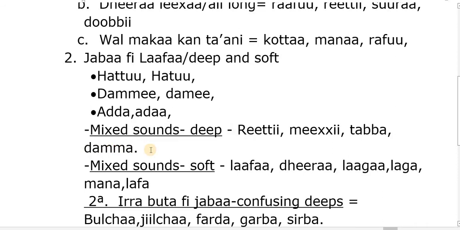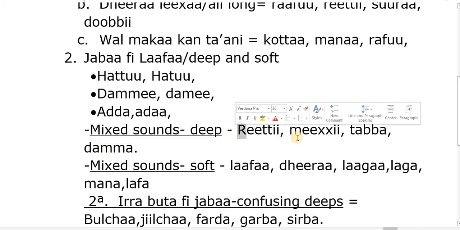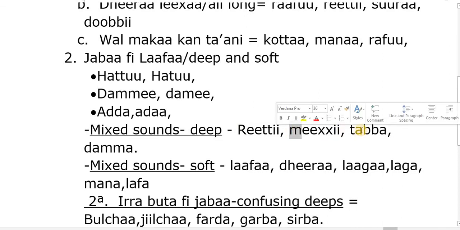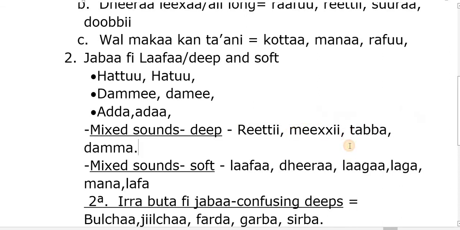Here is where I want to introduce you to the first sounds. There is no first sound in Oromo that can be made strong. Try to speak. You can't make any first sound in an Oromo word stronger or deeper. That is impossible.